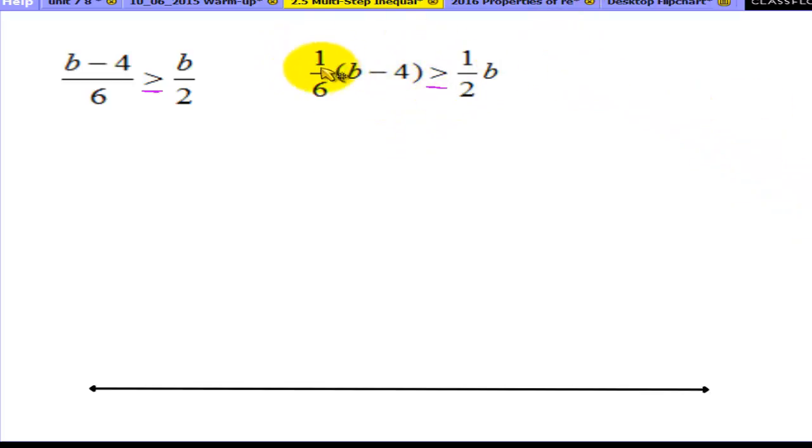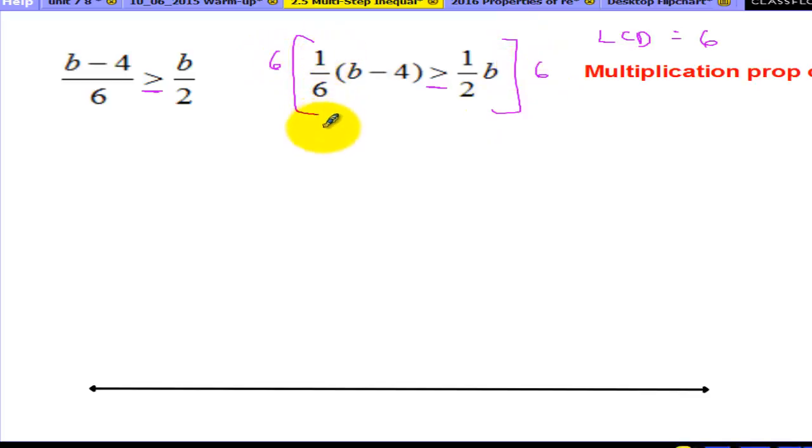Alright, so first, note that I have two denominators. I'm going to use the LCD of 6 and 2, which is 6. I'm going to use 6 to multiply both sides. That's multiplication property. 6 times 1 over 6 is just equal to 1. So 6 and 6 here will cancel out.